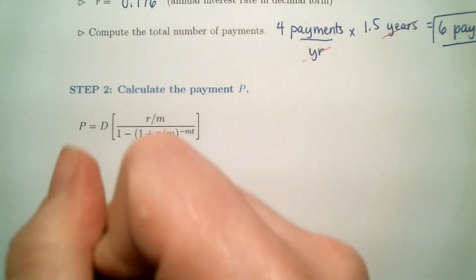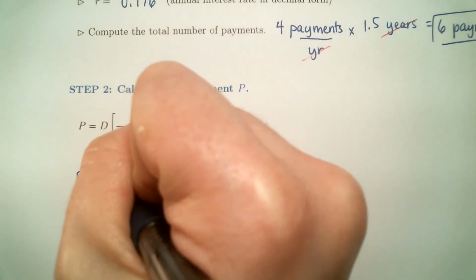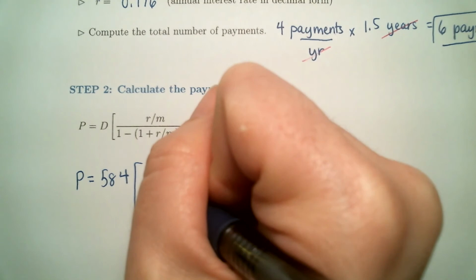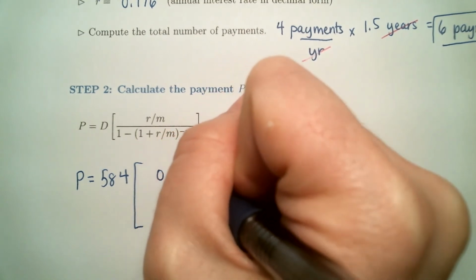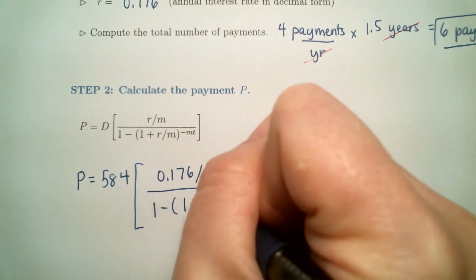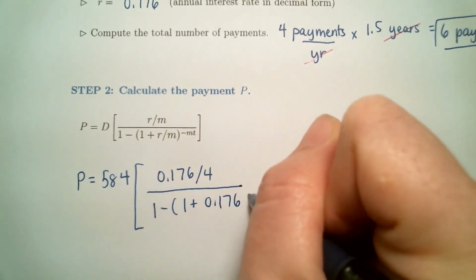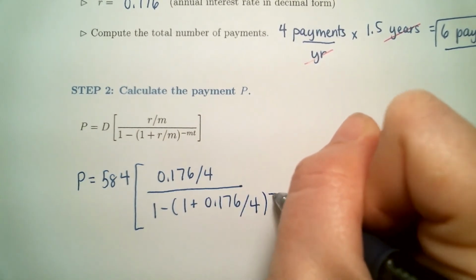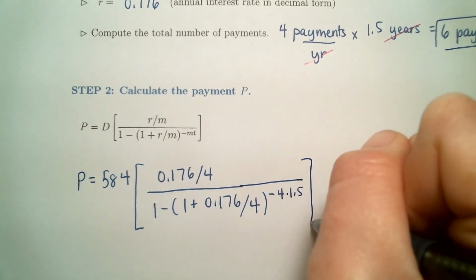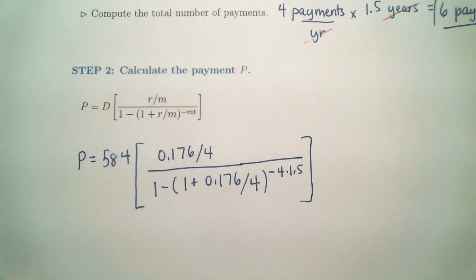It's going to look like this. All we've got to do now is pop this in the calculator, and that is going to give us our quarterly payment.